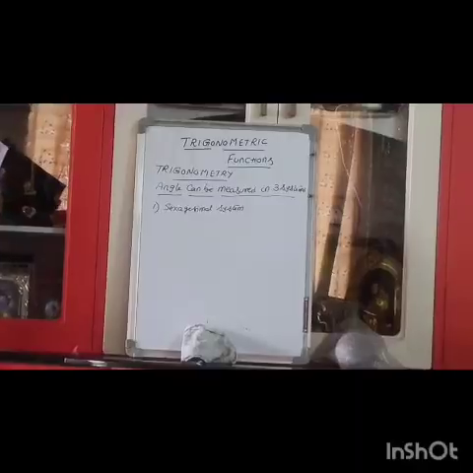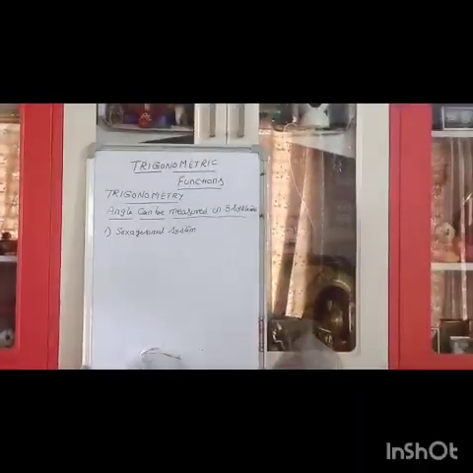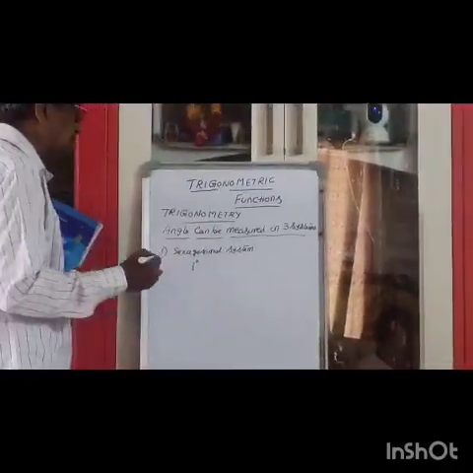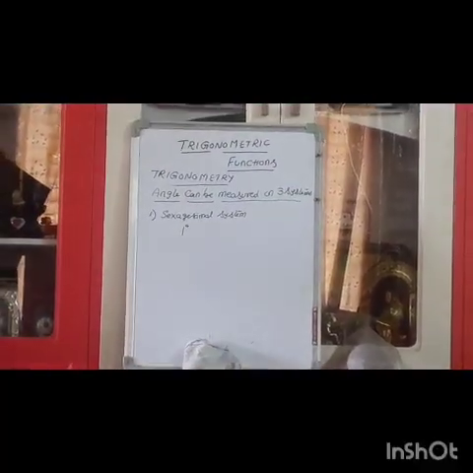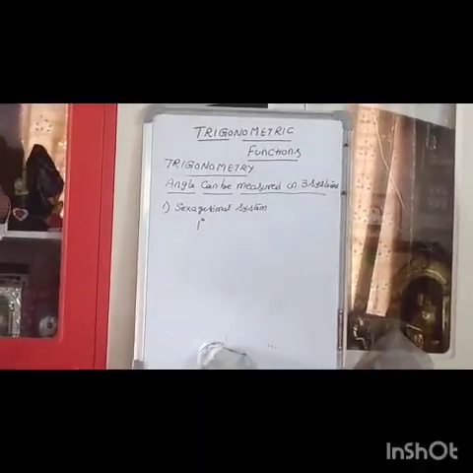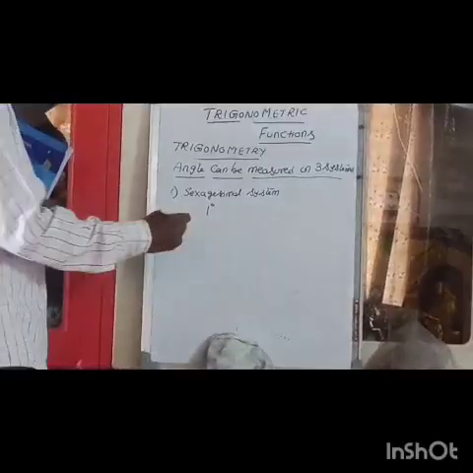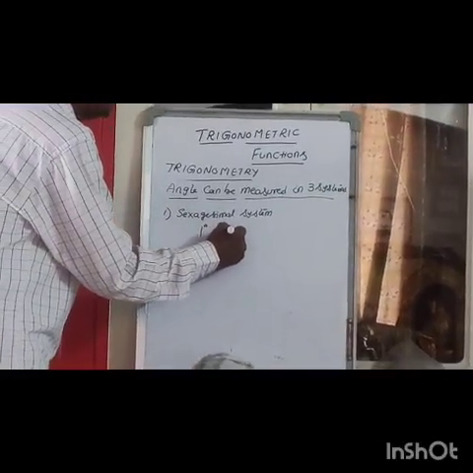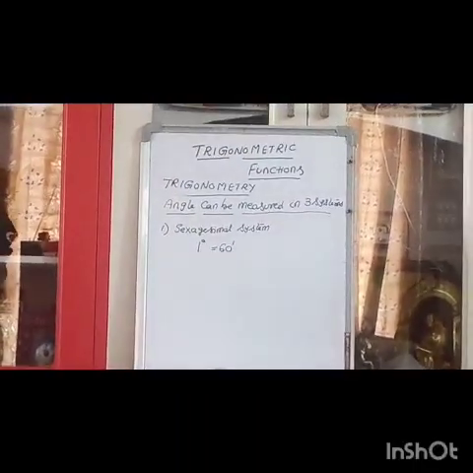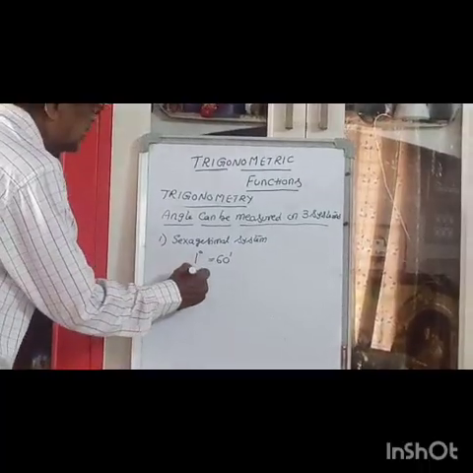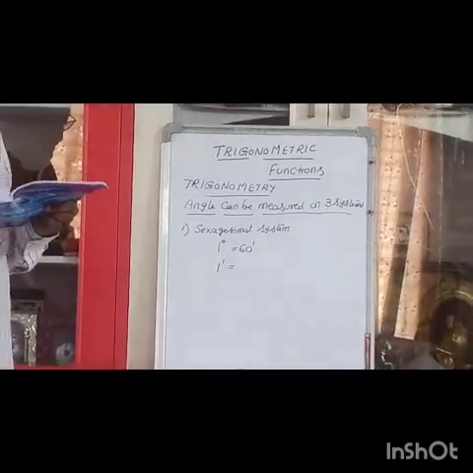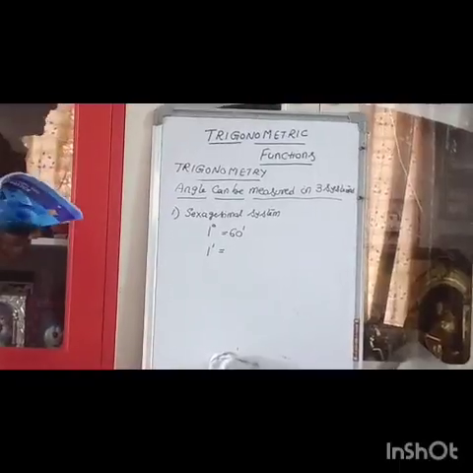What is meant by the sexagesimal system? In this system, each degree is divided into 60 equal parts, and each part is considered as 1 minute. So 1 degree is equal to 60 minutes. Again, each minute is divided into 60 equal parts, and each part is taken as 1 second.